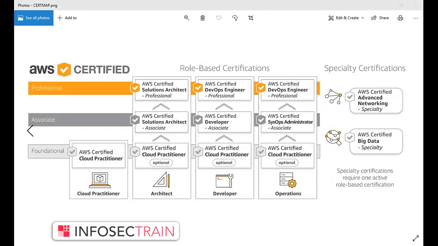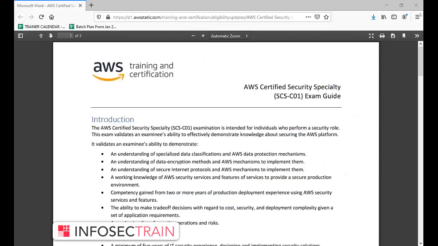But now you don't have to pass any certification. You can directly go to any certification you want. That's the best part. There is no prerequisite for any certification now. You can go directly without any kind of trouble. Just a second, I will show you the number of certifications they have now.